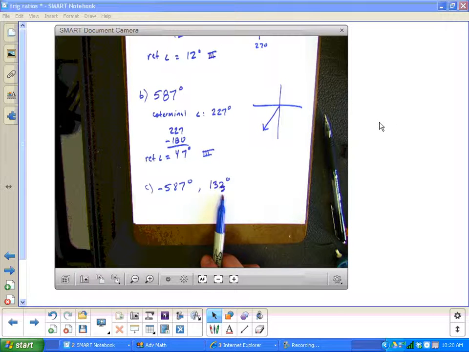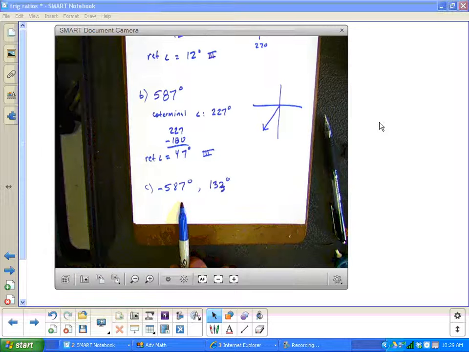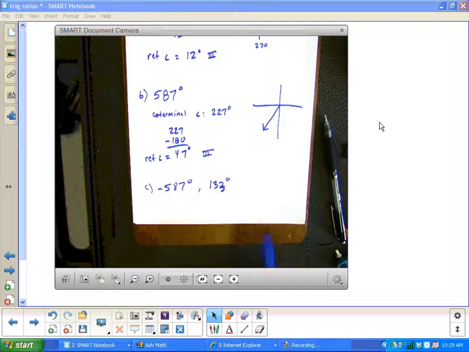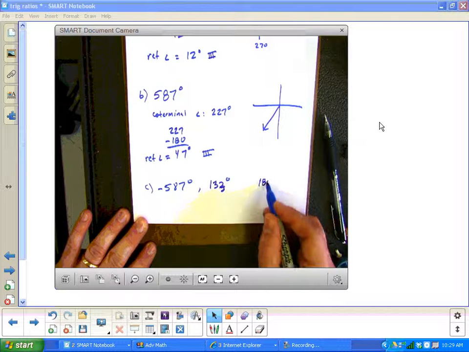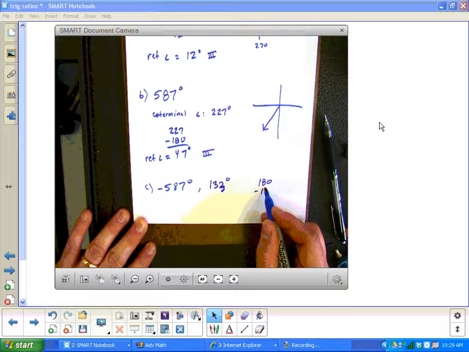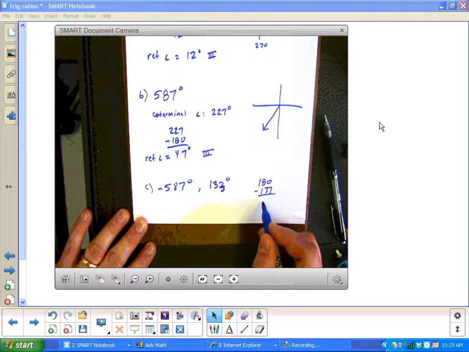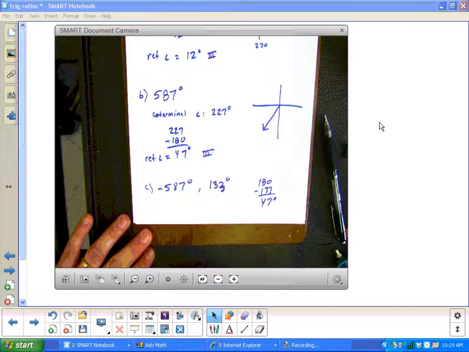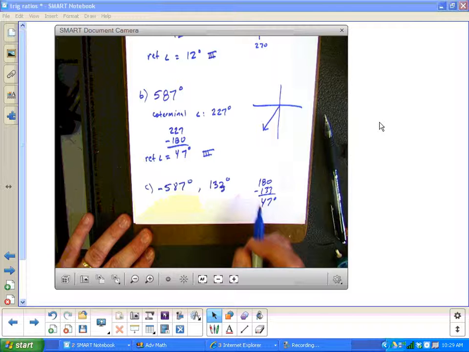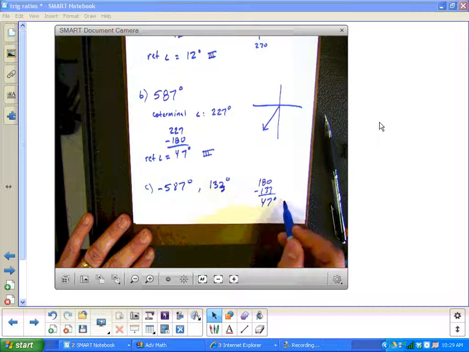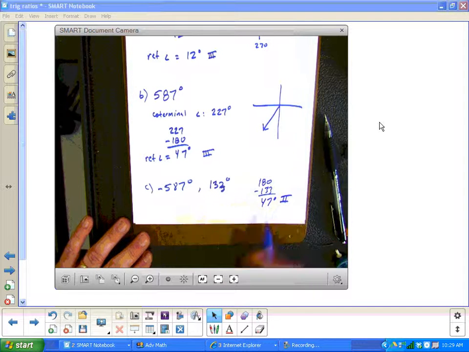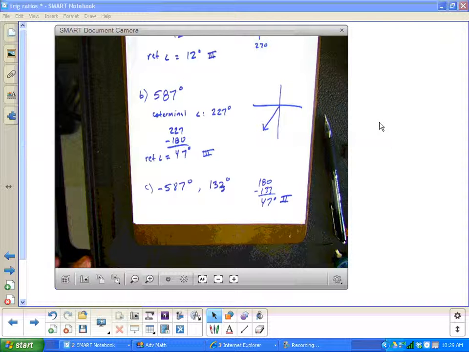So 133 degrees would be in what quadrant? Second quadrant. So if it's in the second quadrant, you say what? 180 minus the angle. Okay? So I do 180 minus 133 would be, coincidentally, 47. And this one was in what quadrant though? Second, not the third quadrant.